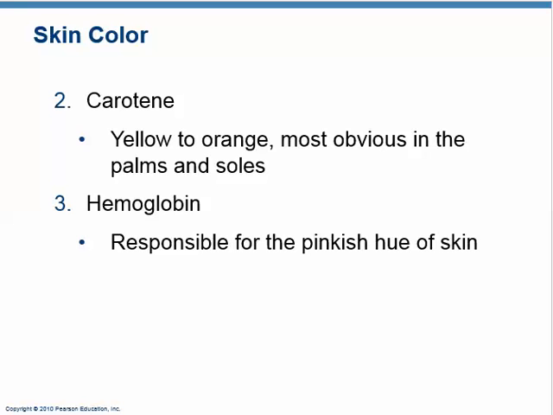The red of the hemoglobin, really the red blood cells in the capillaries of the skin, also adds color, and that's what gives skin its pink hue. So your skin is some sort of combination between carotene, the melanin, and the hemoglobin.